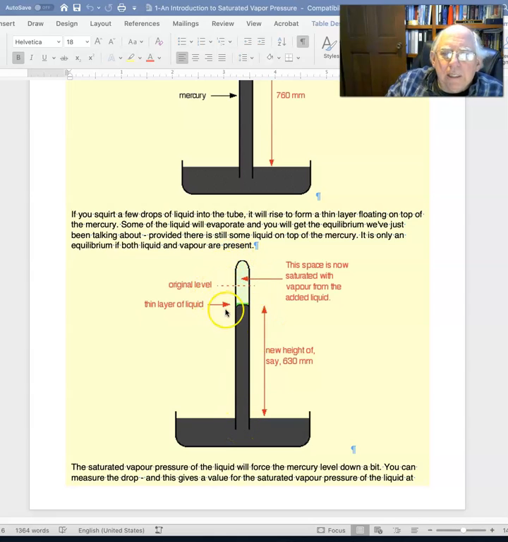The original level might be here, but some of it falls and ends up at this particular point, the final position. If one were to measure the pressure above that thin layer of the interface, that would be the vapor pressure of the mercury at the temperature of the mercury.